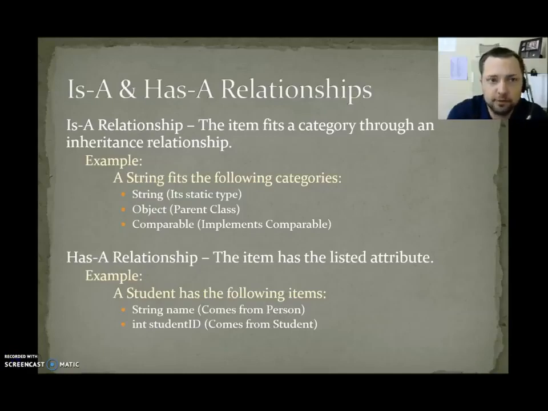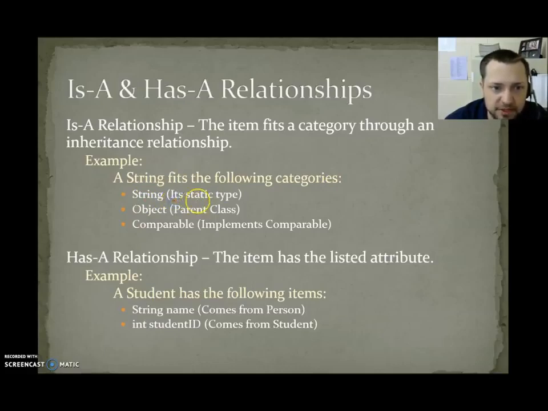I had gotten a call, so I paused it. Continuing on. Is-a, has-a relationships. Is-a relationships: the first item fits a category through an inheritance relationship. String fits the following categories. This is an example. String is its static type.